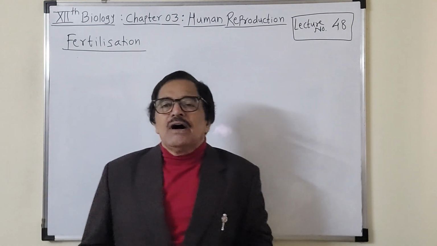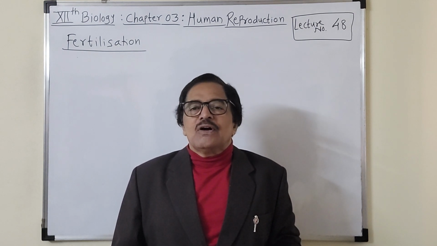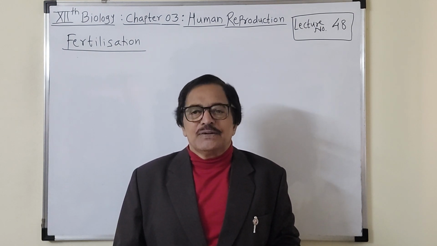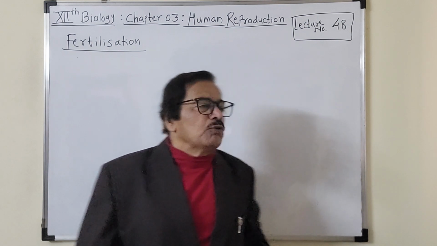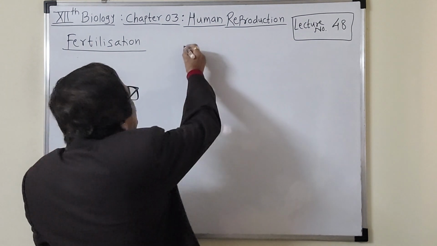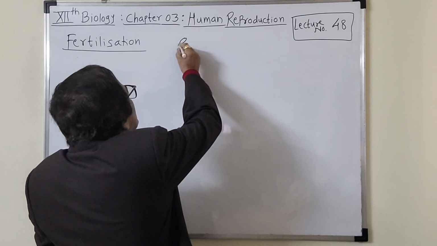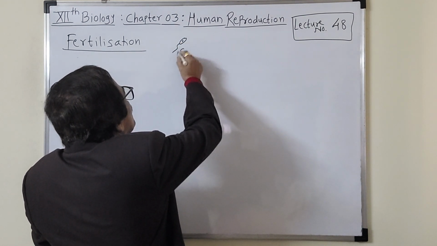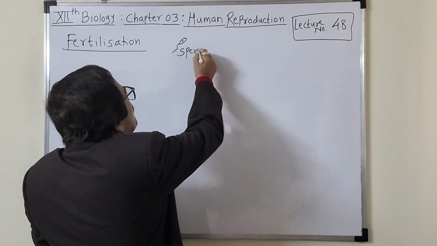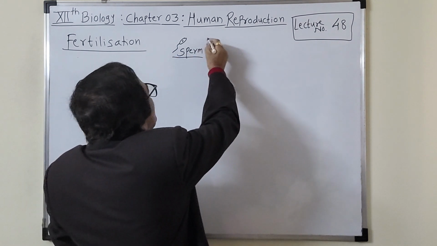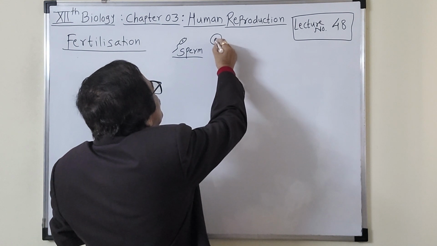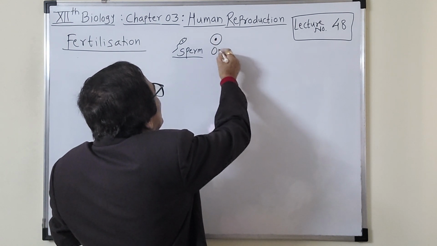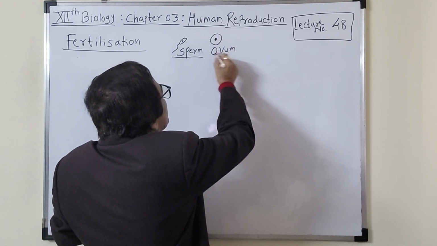Now we have already studied the fertilization or conception process in the last lecture. We have seen that fertilization is the process of fusion of one haploid sperm from the male with that one haploid female gamete called the ovum or egg.